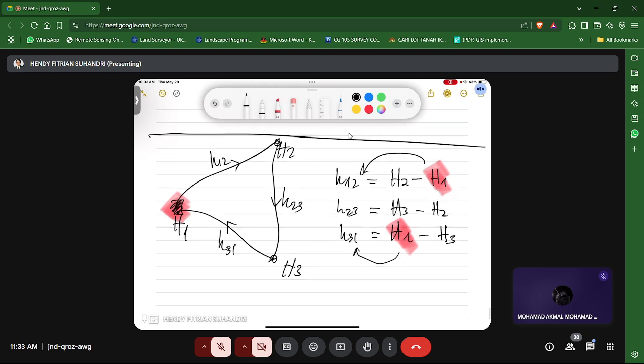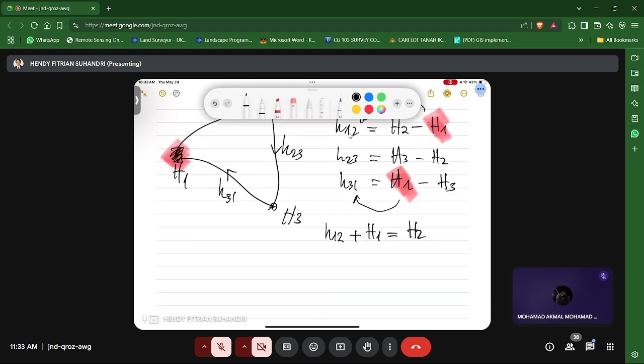So persamaan ini akan menjadi H12 plus H1 sama dengan H2. Ini sebetulnya saya offset sikit. Kita belum lagi masuk kepada least square adjustment. Saya hanya masuk kepada propagation error dulu. Tapi tak apalah, sebab saya kena masuk juga least square adjustment. Nanti akan saya ulang balik selepas.